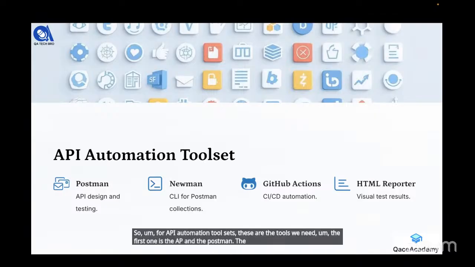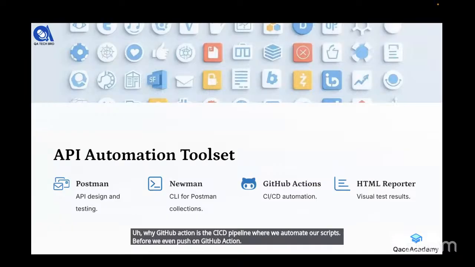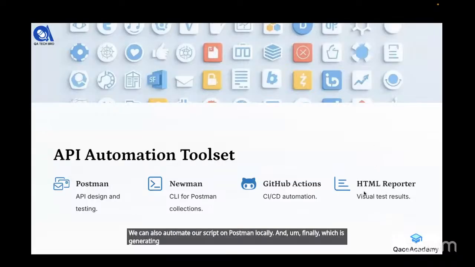The Postman is the tool we use in running our API collection, while Newman is the command line interface for running our Postman collection. While GitHub Action is the CI/CD pipeline where we automate our scripts. Before we even push on GitHub Action, we can also automate our script on Postman locally. And then finally, which is generating an HTML reporter for our visual test results.